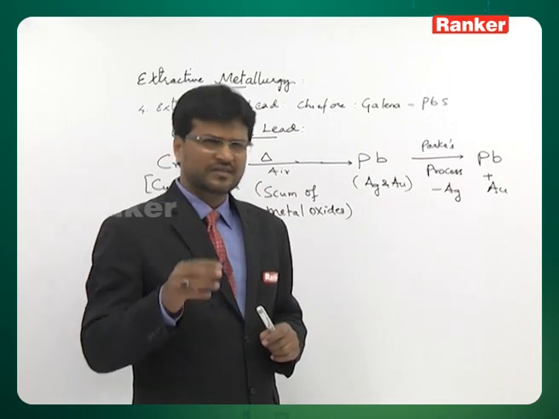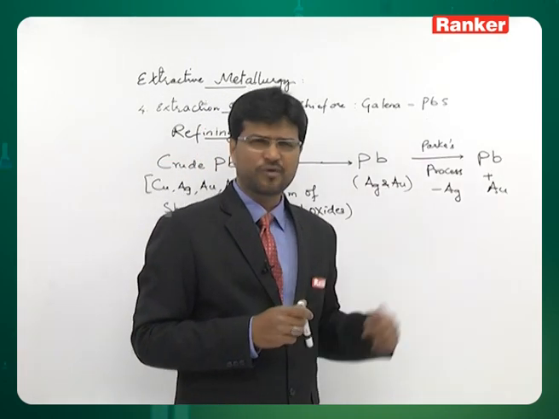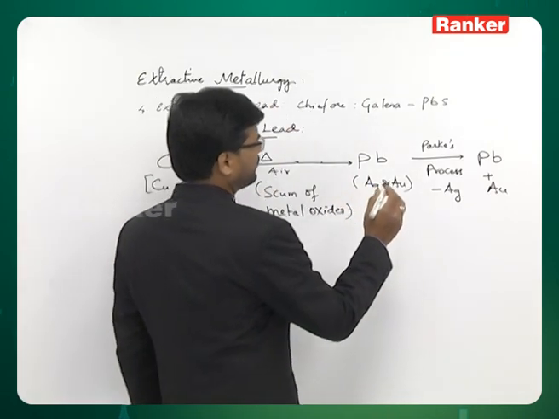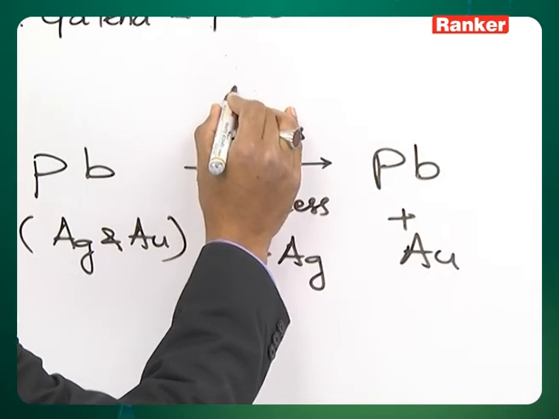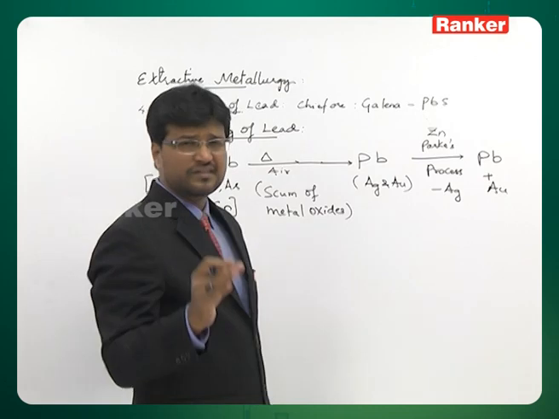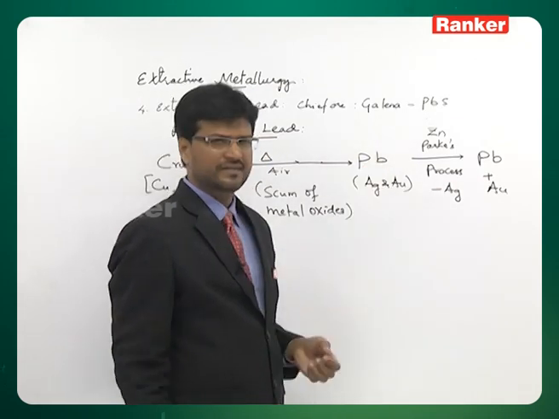After removal, silver can be recovered from zinc by distillation because zinc is a low boiling metal. So the metal used for the purpose is zinc. Silver is 3000 times more soluble in zinc than in lead.